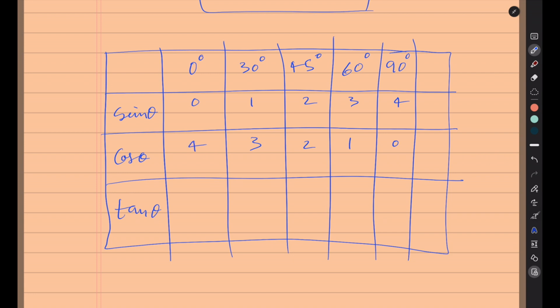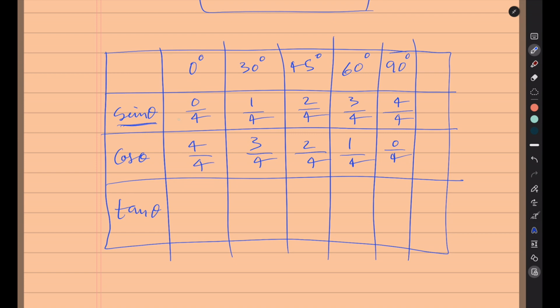For sine theta we have written 0, 1, 2, 3, 4. For cos theta we have written 0, 1, 2, 3, 4, but in the opposite direction. Then divide everything by 4. This is also a very easy way to remember the trigonometrical ratios.